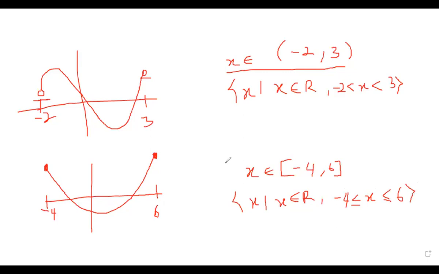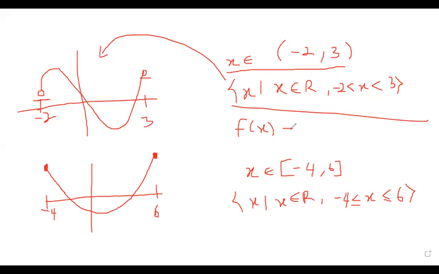So assuming I give you the set builder notation, you should also be able to derive your domain for the graph. You understand? So sometimes I will give you the set builder notation and probably give you a function like this: f of x is equal to 2x plus 2.